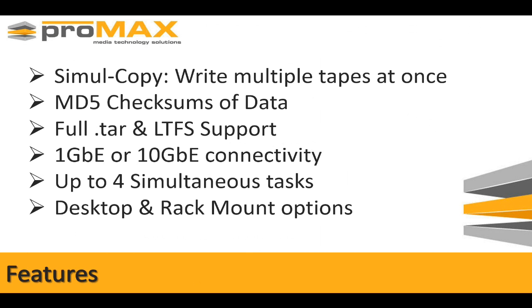So I just mentioned simulcopy. So what is this? This is the ability to write multiple tapes at the same time. What's cool about this is you can take a data set. Let's say you've got a Disney project and you want to back up just that information. With Cache, you can't do this with the lowest end version because it only supports the one drive.